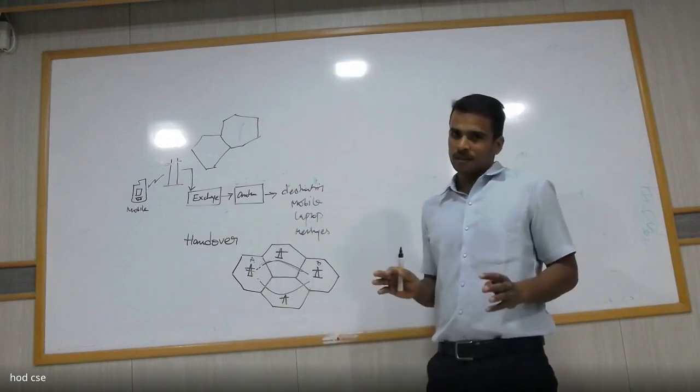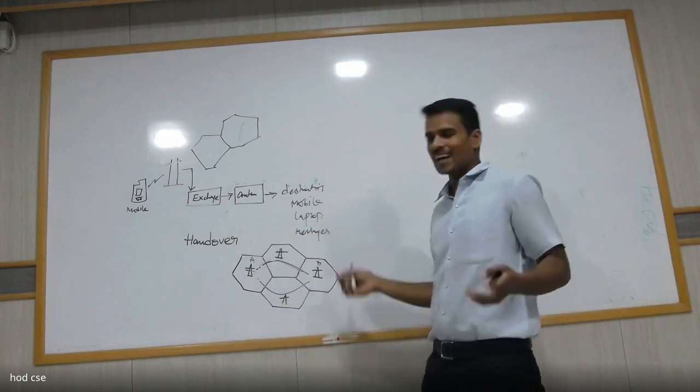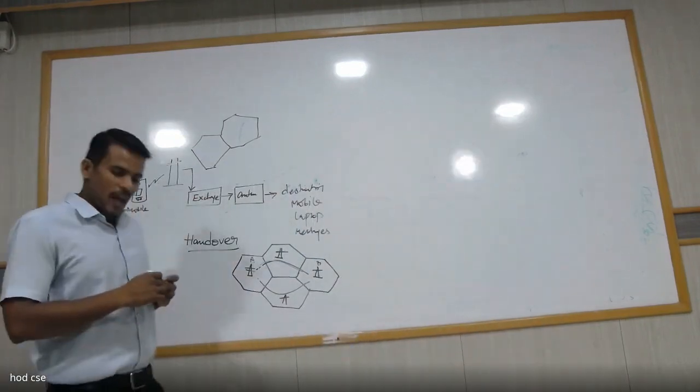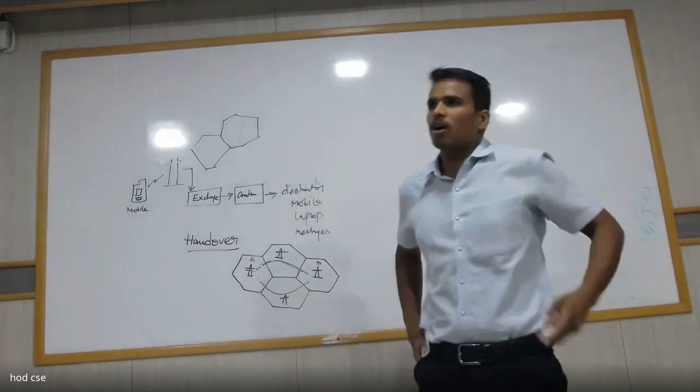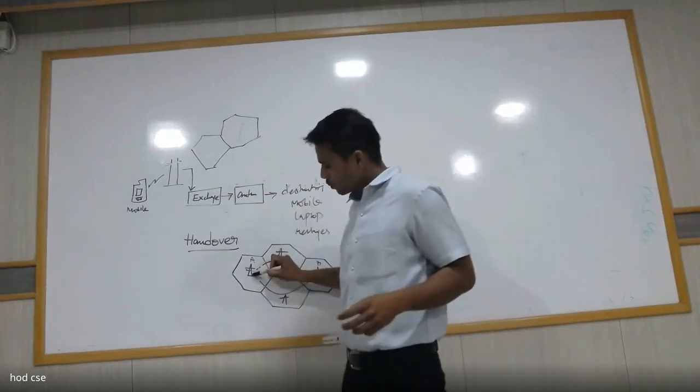How is it happening? This particular task is called handover. This handover is of two types: soft handover and hard handover. Take this way. I am visiting this particular base station.